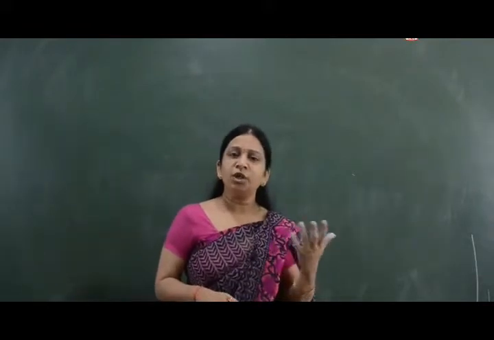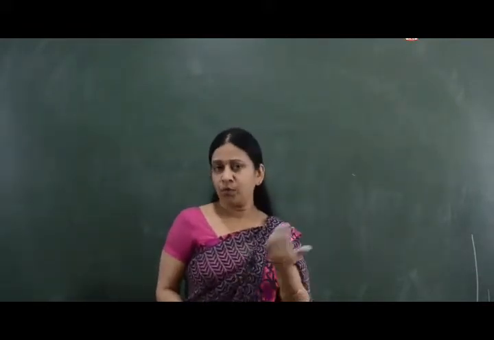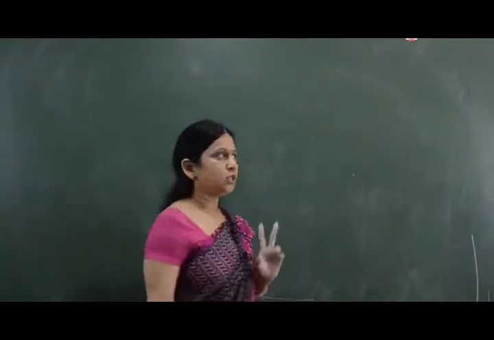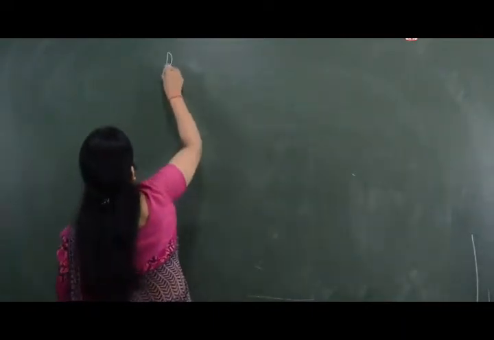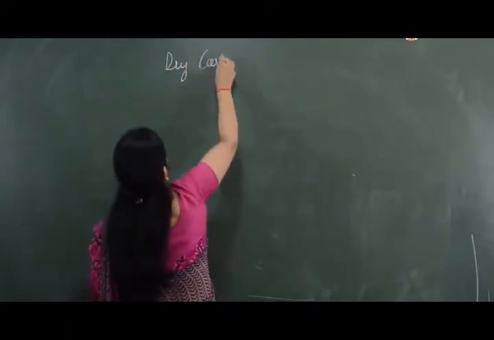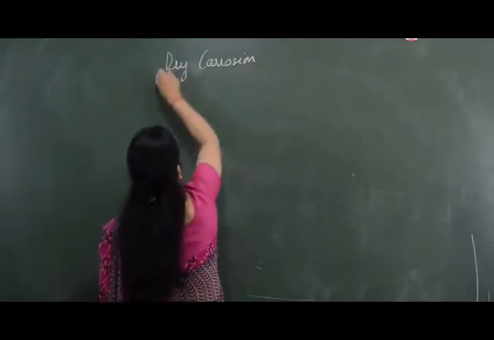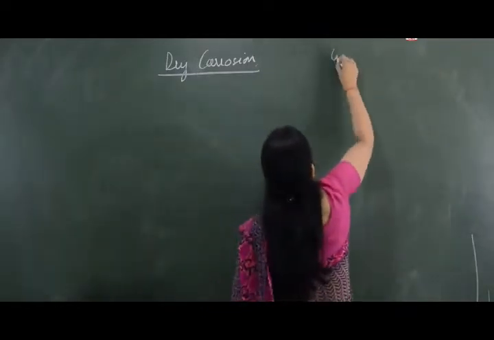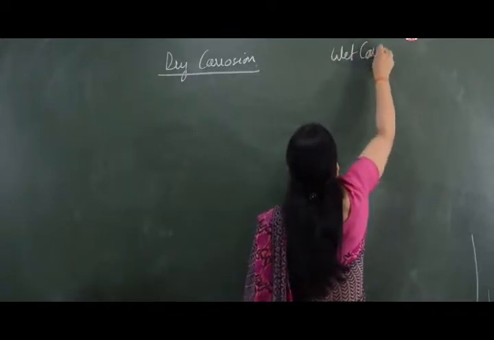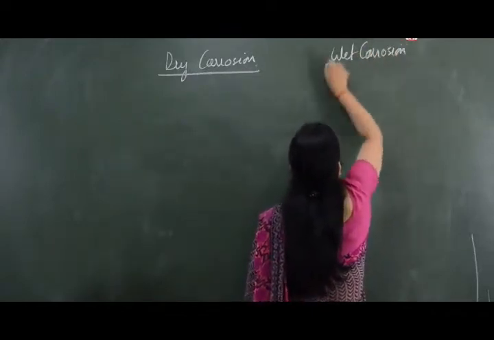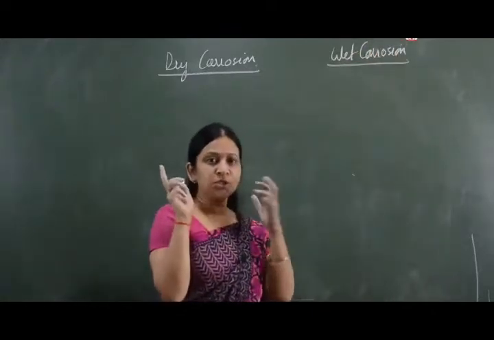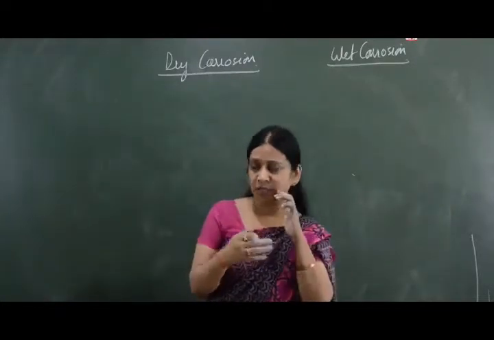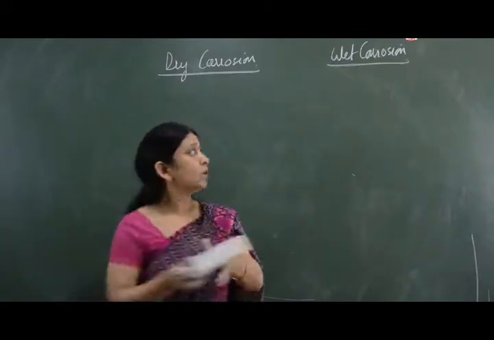Now, we have different theories regarding the corrosion process, and the two important ones are dry corrosion and wet corrosion. These are the two theories on which corrosion is based, as to how corrosion takes place. First we are going to take up dry corrosion.